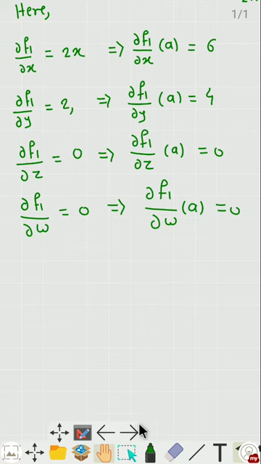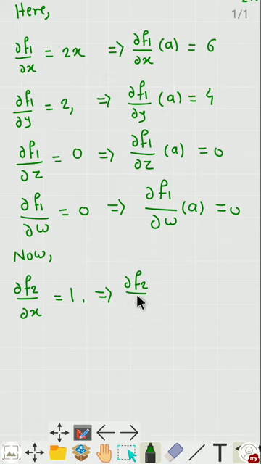Now we find the derivatives in the second row. Dou f2 by dou x is equal to 1, and this implies that dou f2 by dou x at point A is equal to 1.